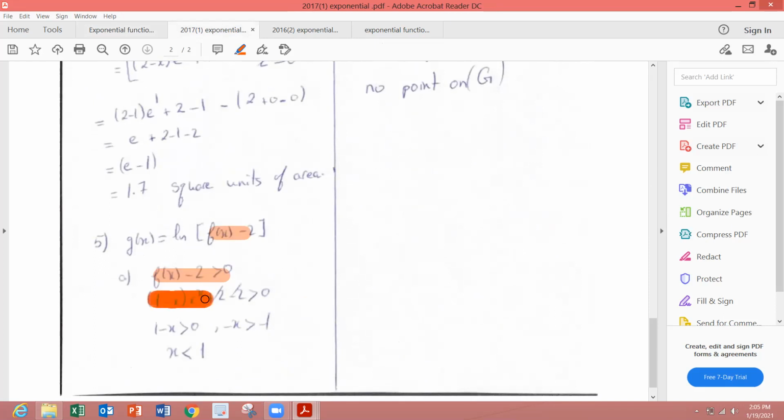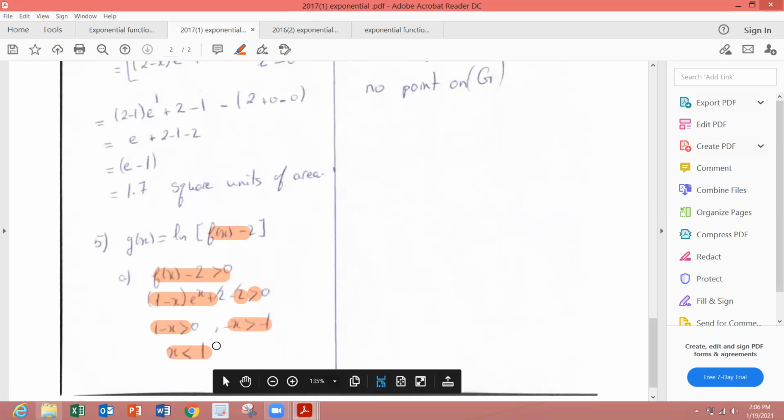This is f(x), minus 2 should be positive. 2 minus 2 is 0. Remains 1 minus x times e to the x. e to the x is always positive. So we take 1 minus x positive, minus x greater than minus 1, changing the signs, x less than 1.